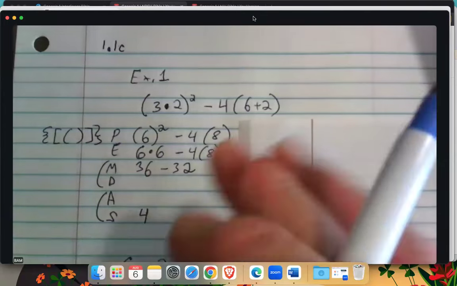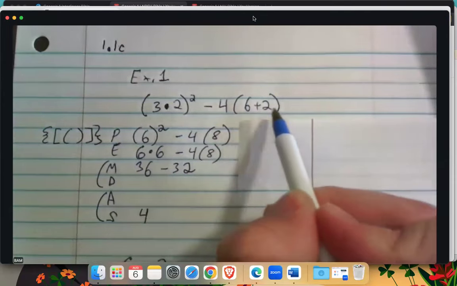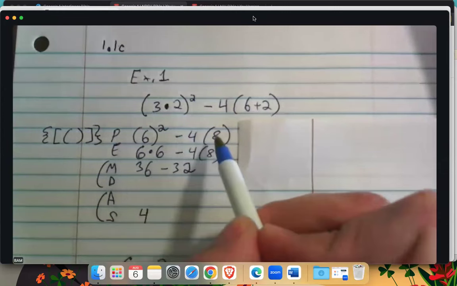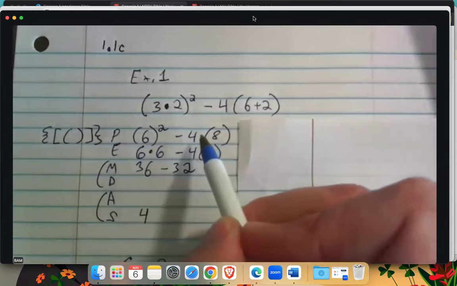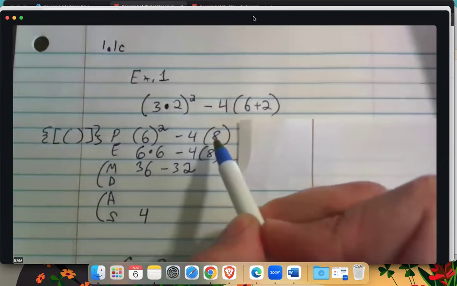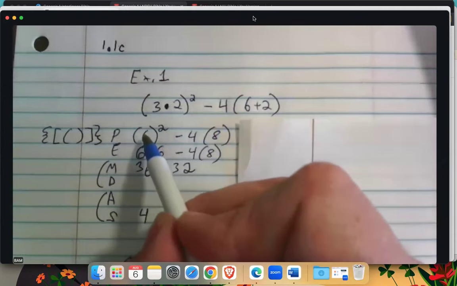So in this example, 3 times 2 is 6, and 6 plus 2 is 8. So we worked on our parentheses first. Now it looks like we still have parentheses, but this 4 parentheses 8 is just another way to say 4 times 8. And then these parentheses, there's really nothing to do in there.